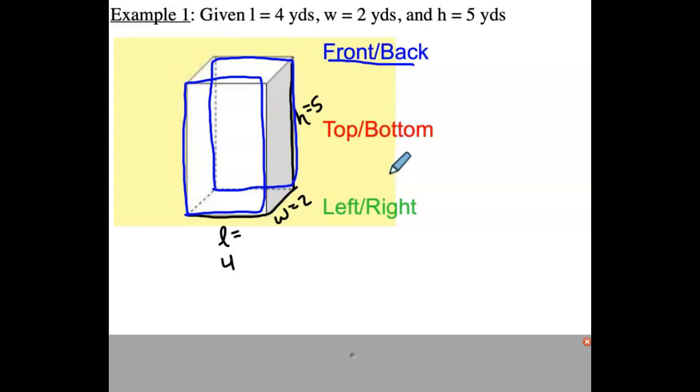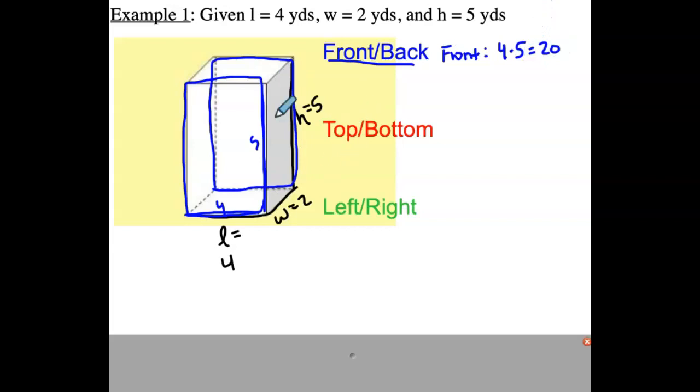Well, if you remember from our earlier lessons, the area of a rectangle is just its length times its width. So this distance here is 4, and then this distance here is the height of the prism, so that's 5. So the area of the front is 4 times 5, which is 20.